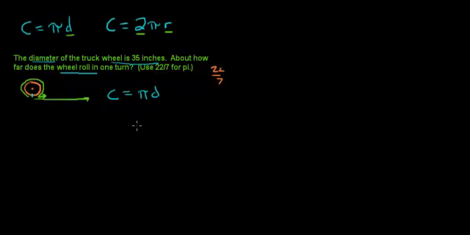Now, a lot of times we have different options for pi. We could use 22/7. We could use the actual symbol pi, which is really simple to use. It makes things much easier. We don't have to do a lot of calculating then. Or we could use the approximation for pi, which is 3.14. In this case, they want us to use 22/7, and we'll explain why in a second.